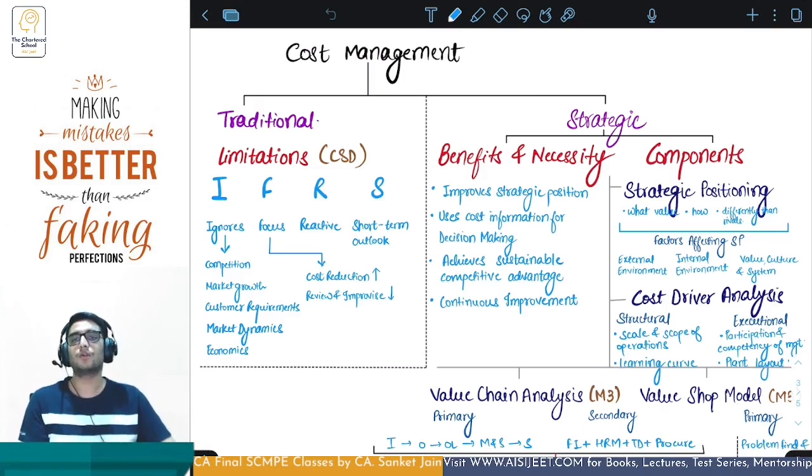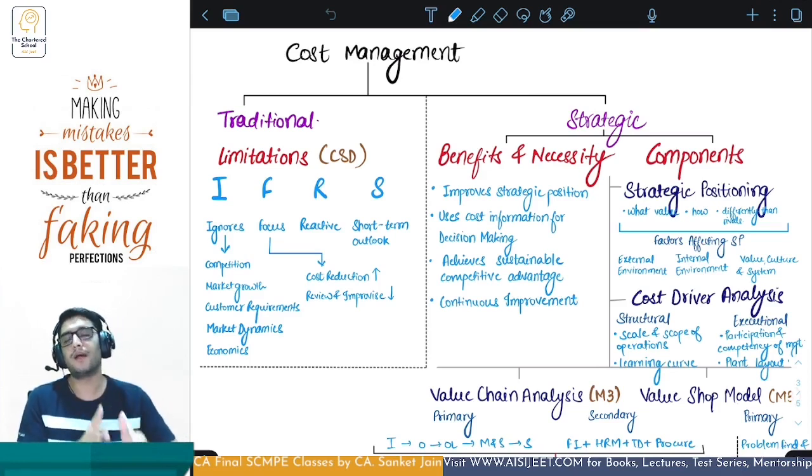Also, it has a short term outlook, as in decisions are taken from a very short term point of view. From a long term point of view, you would be focused on financial as well as non financial measures. But from a short term outlook, you are mostly and only focused on the financial measures, which happens under the traditional cost management system, because there is excessive focus on cost reduction.